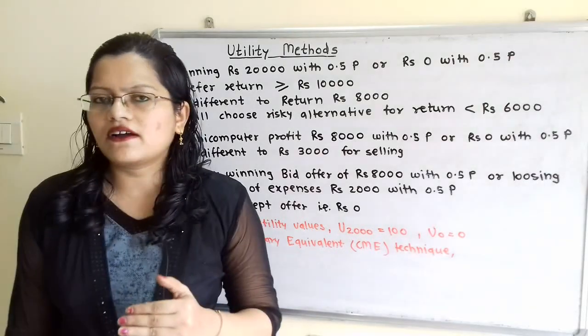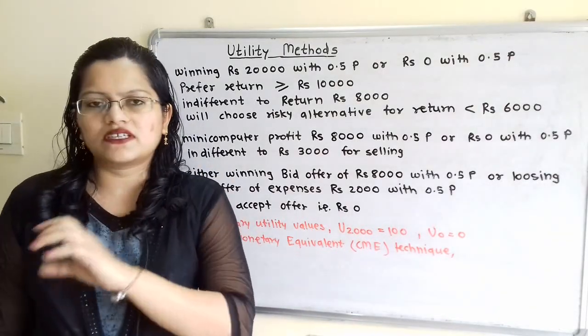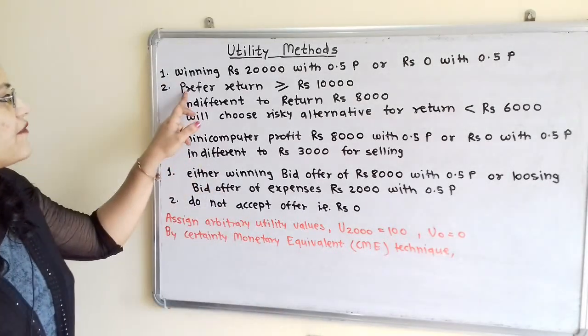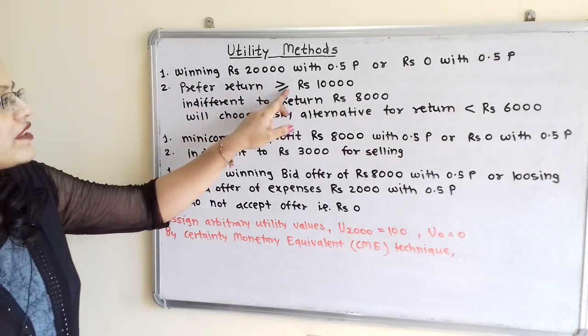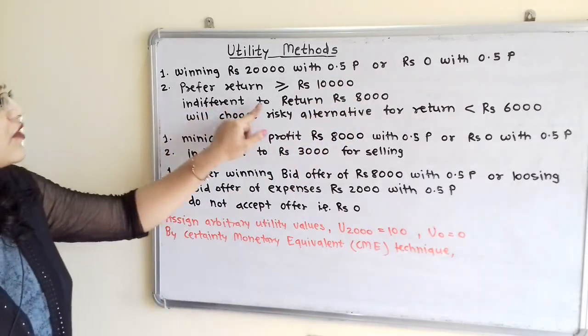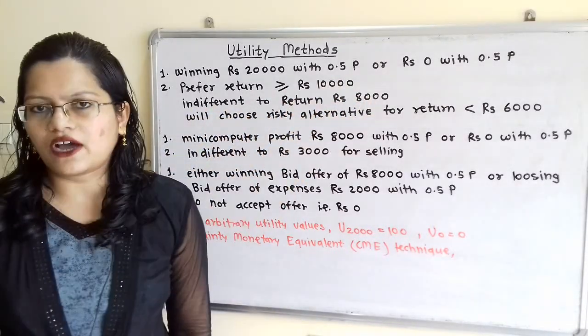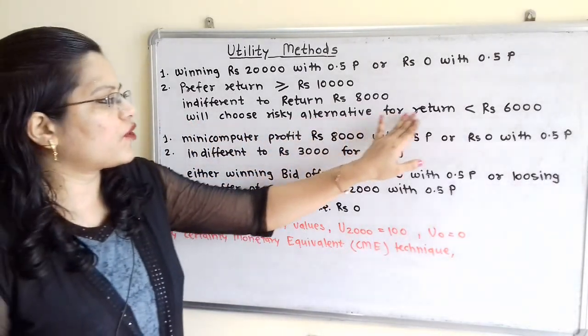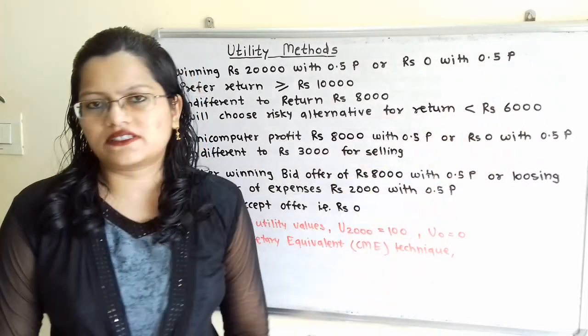For the second alternative, three preferences of the businessman are mentioned. First, he will prefer the return if it is more than or equal to rupees 10,000. Then he is indifferent to a return of rupees 8,000. And third, he will choose the risky alternative for a return less than rupees 6,000.